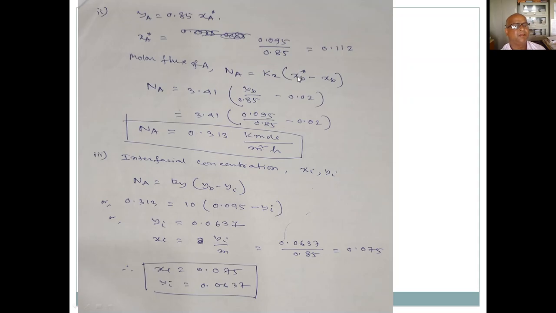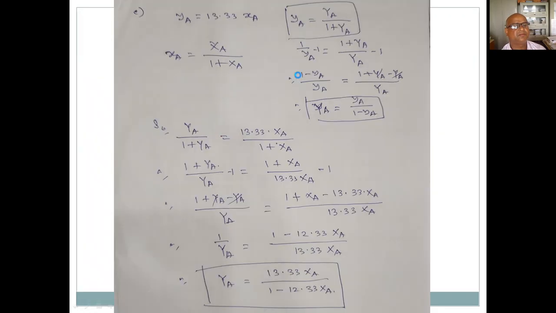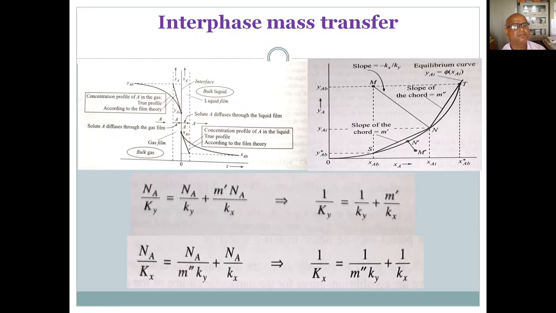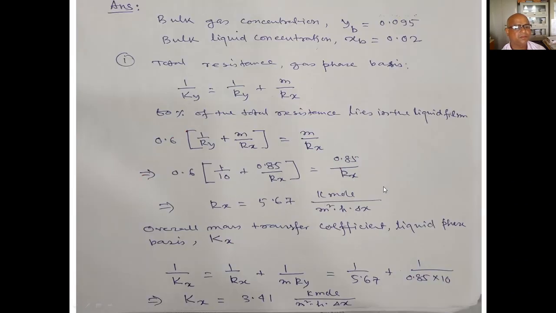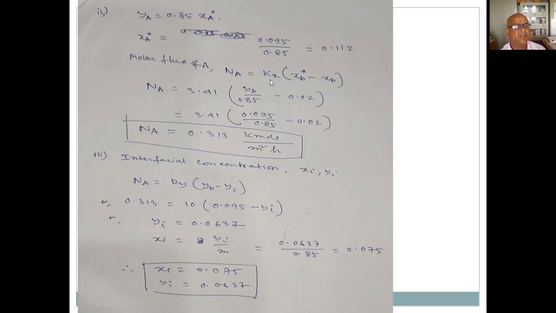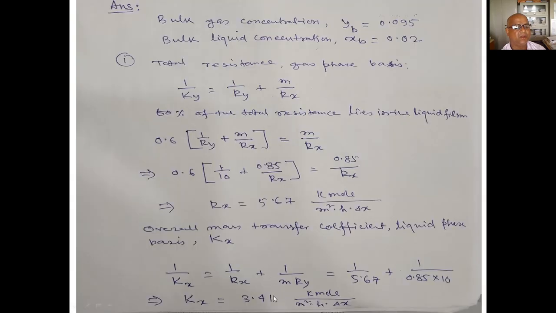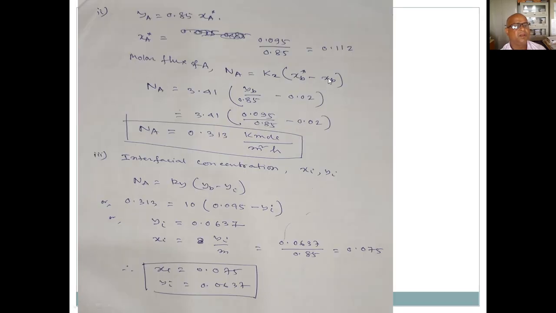Isn't it? Because if you see this, x_B star minus this, so whatever the bulk concentration in the gas phase, that equilibrium value will be there. Okay, this is the driving force, because I am now determining based on K_x, which is known to me, just calculated as 3.41. Now x_B is 0.02. Now what will be x_B star?